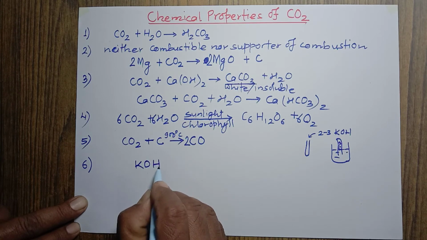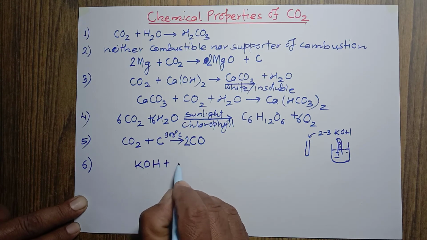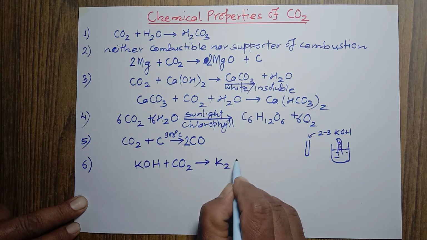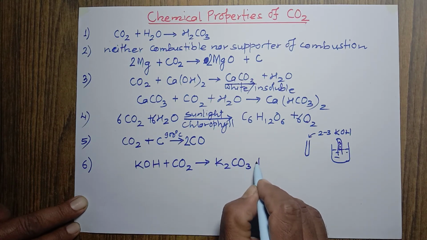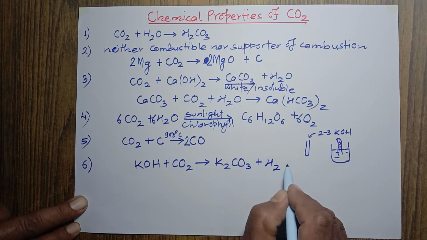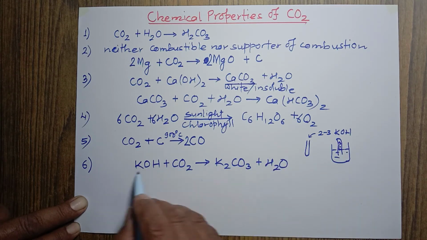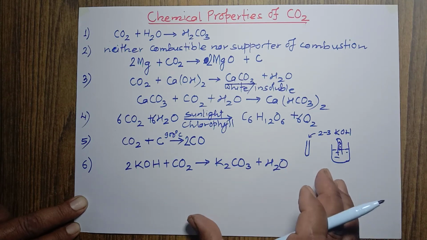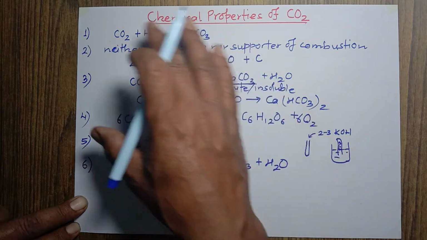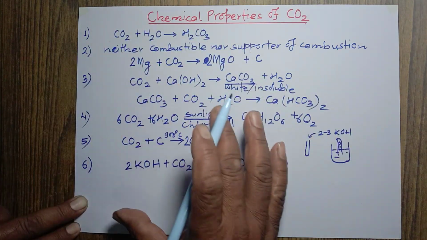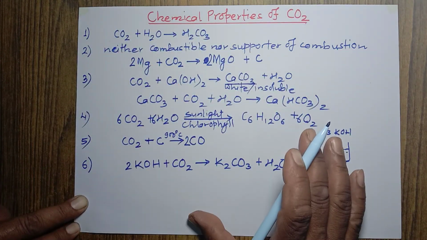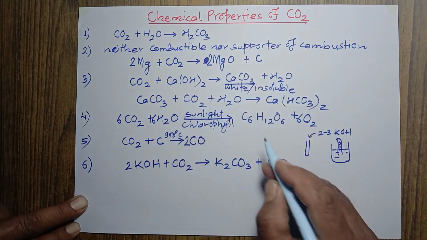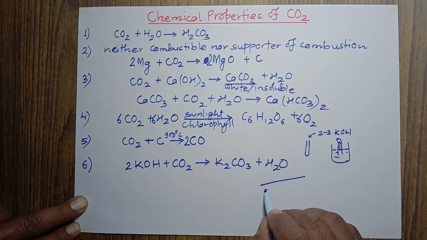Potassium hydroxide reacts with carbon dioxide and forms potassium carbonate, which is soluble in water, and this is the chemical reaction, 2KOH. This is one of the chemical properties of carbon dioxide gas, and these 6 are very important chemical properties of carbon dioxide gas, which we can write in the examination with these chemical reactions. Okay, this much for today.